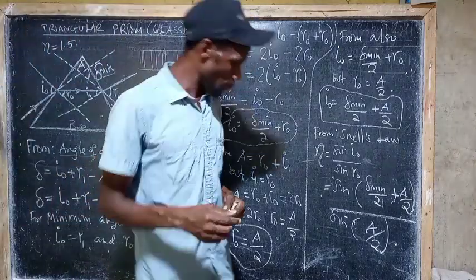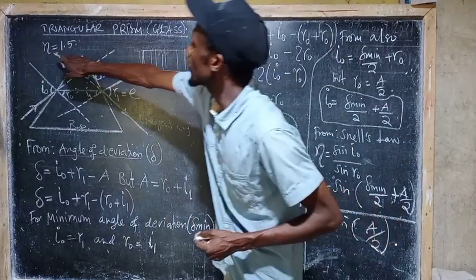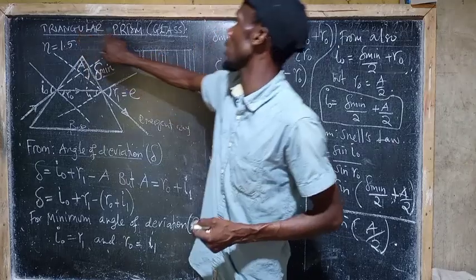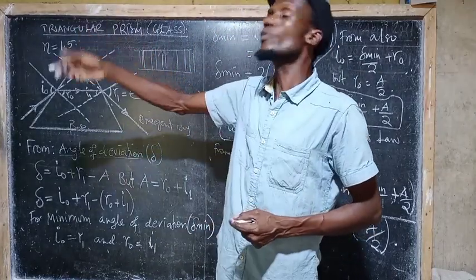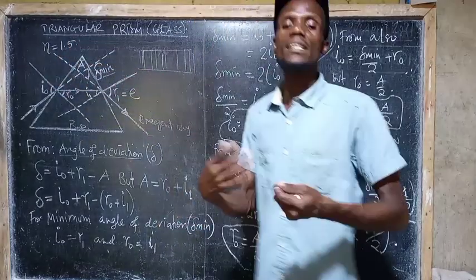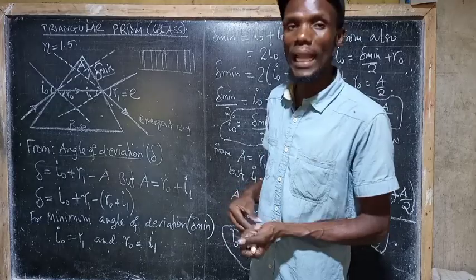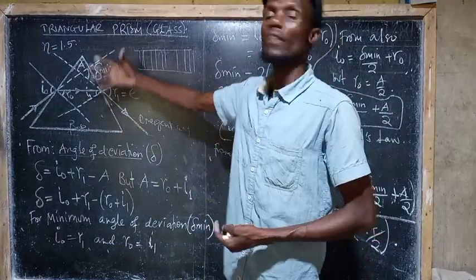Now, the most important case that we are going to discuss here is how to determine the refractive index of the triangular prism. Remember, this is glass, and its refractive index must be 1.5. But this can be determined experimentally, and it can also be determined mathematically.